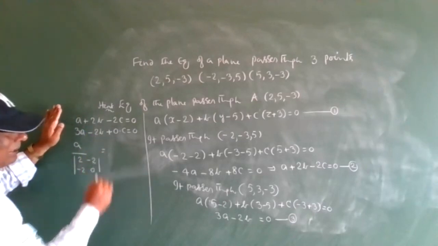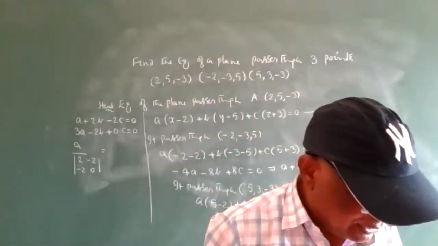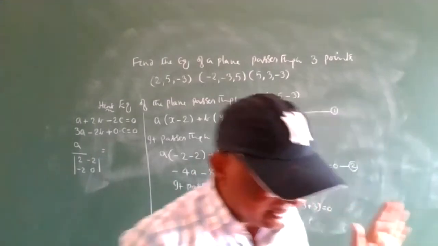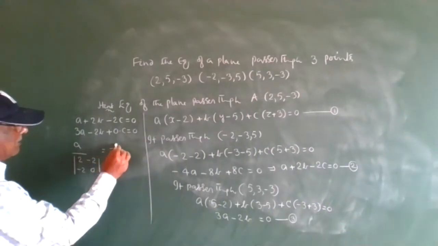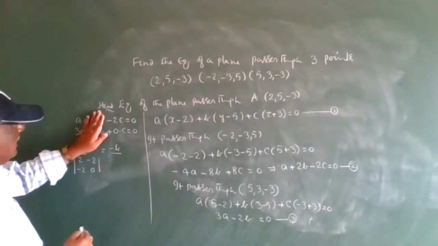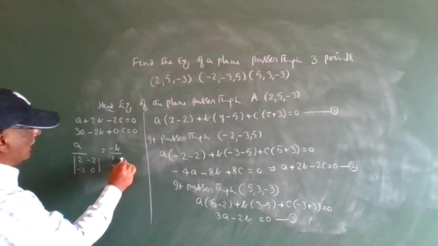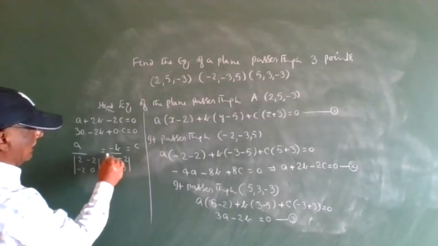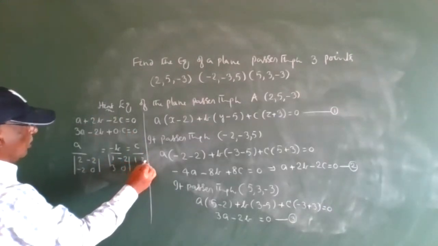So minus b by cross minus b: 1, 3, minus 2, 0. c is the same: c by cross c: 1, 2, 3, minus 2.